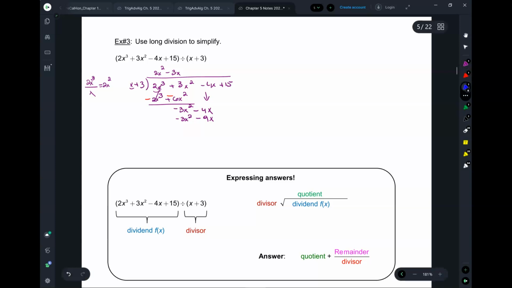Change the signs and combine, and we get what? 5x, and the 15 comes down. Now, first term divided by first term, what do I get? Positive 5. Multiplying, I get 5x plus 15. Change the signs, and the remainder is 0 again. Okay?